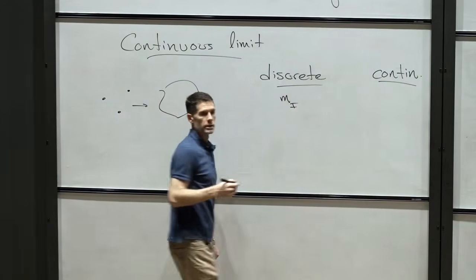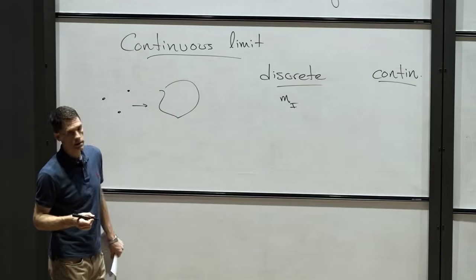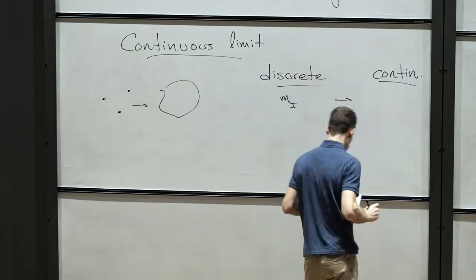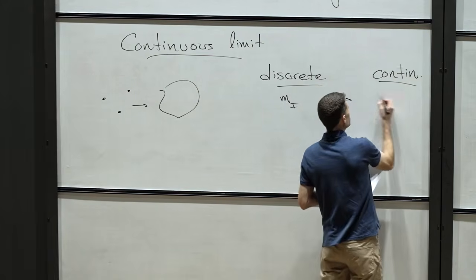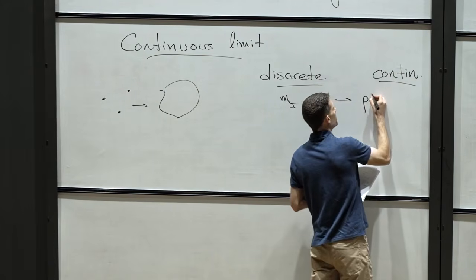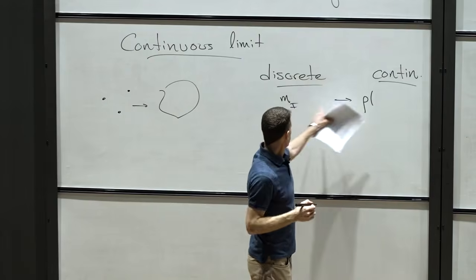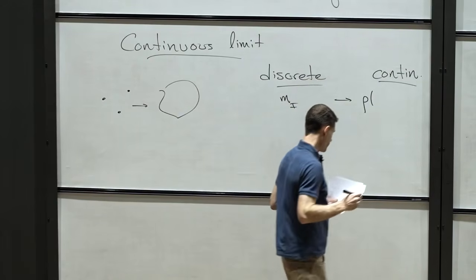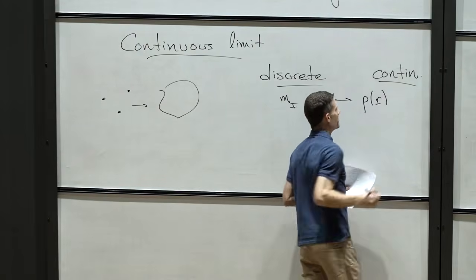In the discrete version of our development, we've had some little point masses m sub i, and those turn into a density. So you can think of that like a rho. Rho, if the m's are not equal at every point, the rhos can be a spatial field, right? So that's rho of r.